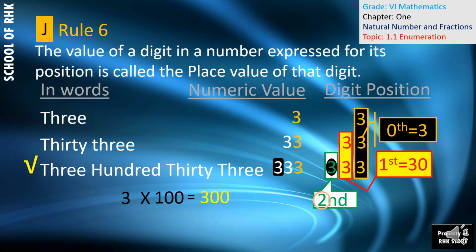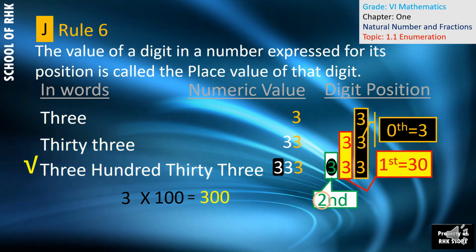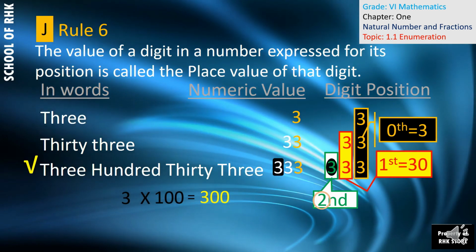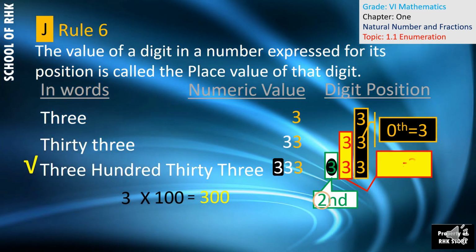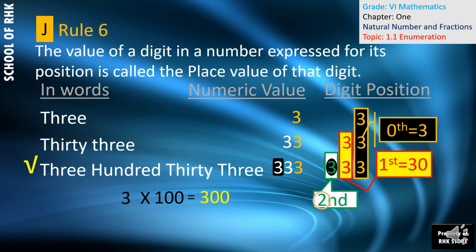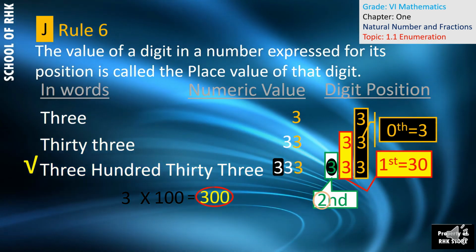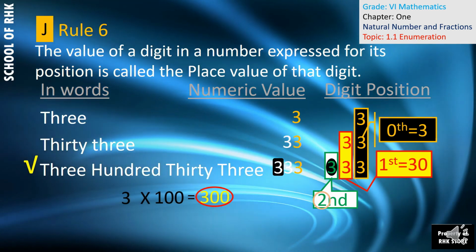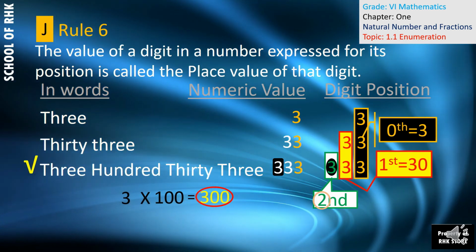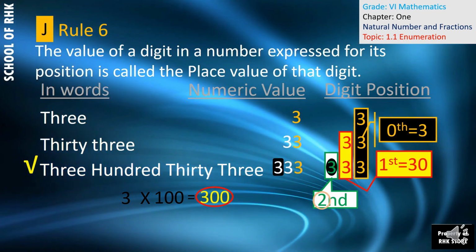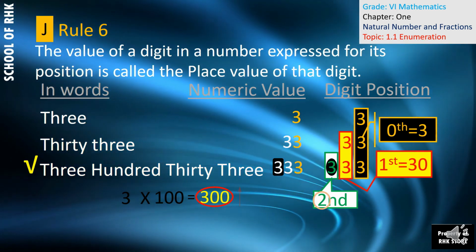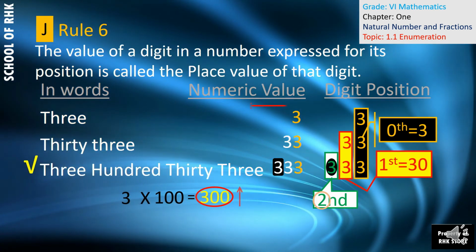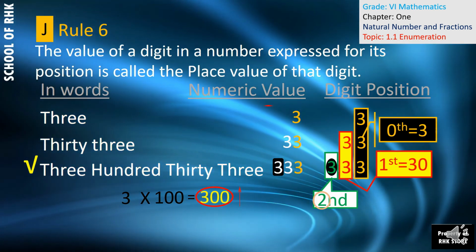But the place value of the digit 3 has changed from 3 in the 0th place to 30 in the first place and 300 in the second place, as the place value is represented in connection with the position of the digit in the number. And it tends to increase as we move further from right to left positions.